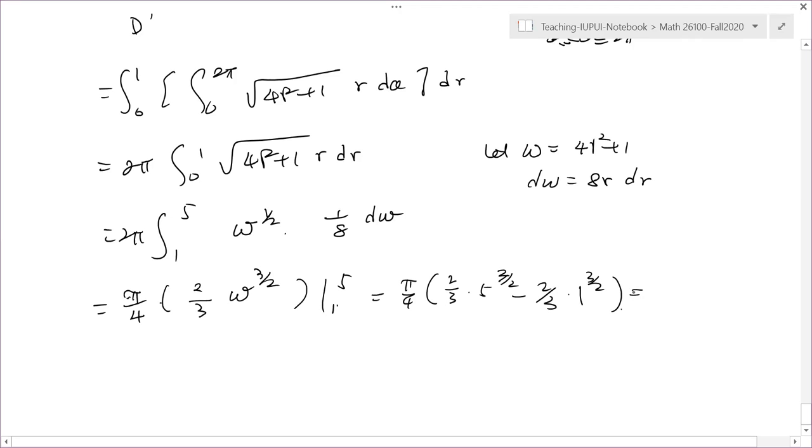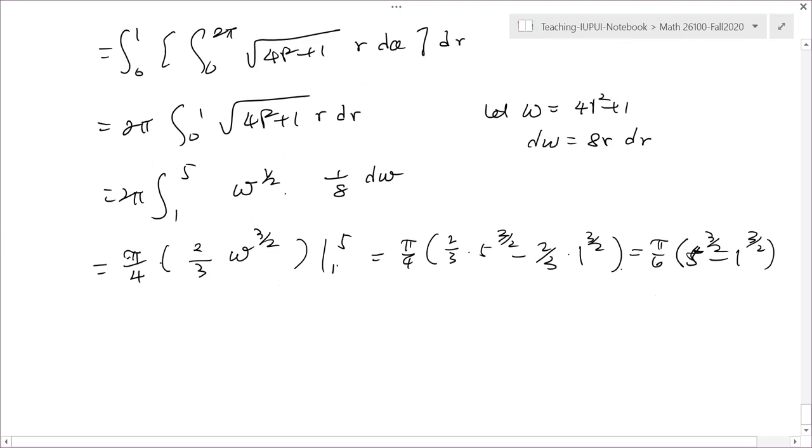So you can simplify a little bit, but not too much. That would be pi over 6 times that. So that is the answer. Okay, we stop. You cannot simplify the first one, but you can evaluate it.